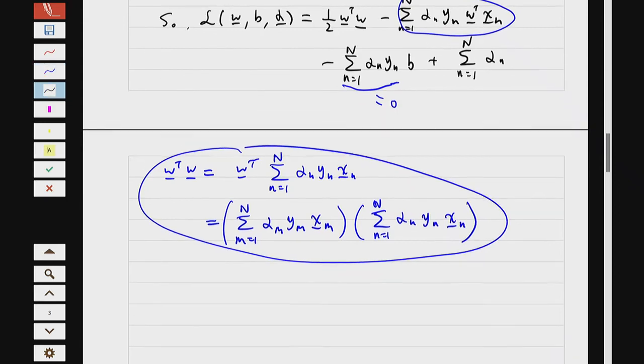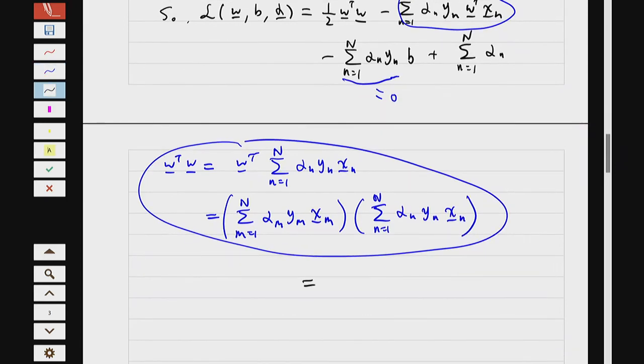So therefore, after this, I can simplify the L function above by substituting this block in there as minus half of W transpose W, right? So it's a minus half W transpose W, which is this. I can cross multiply the things inside the sum to get a double sum. N goes from 1 to m, m goes from 1 to m.